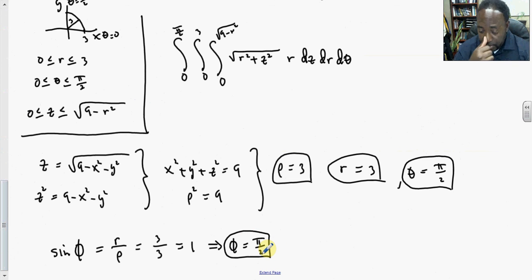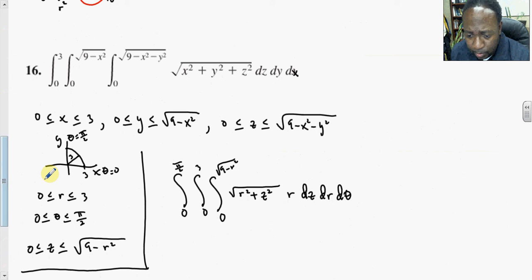So it looks like we have everything that we need. So we're going to take this and convert it to spherical coordinates, and then I believe we can calculate that. It's a whole lot easier than calculating this. This is doable, by the way, a little algebra involved. I don't want to go there. I want to make this as simple as possible.